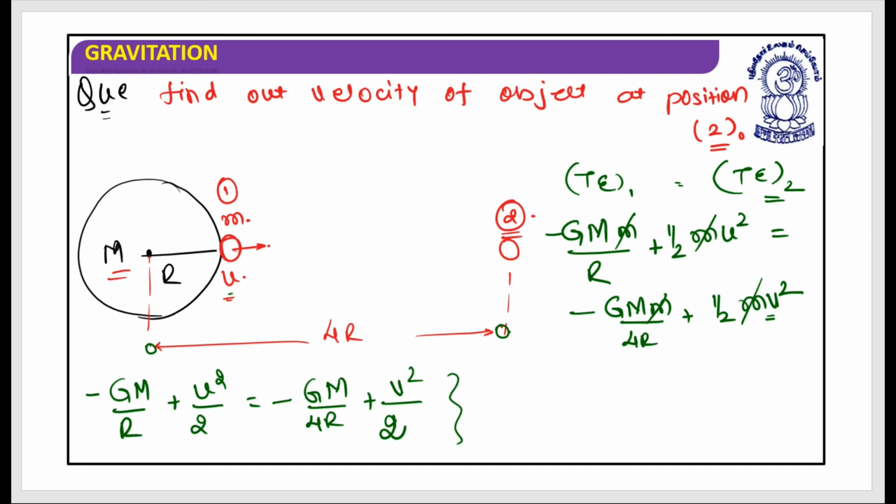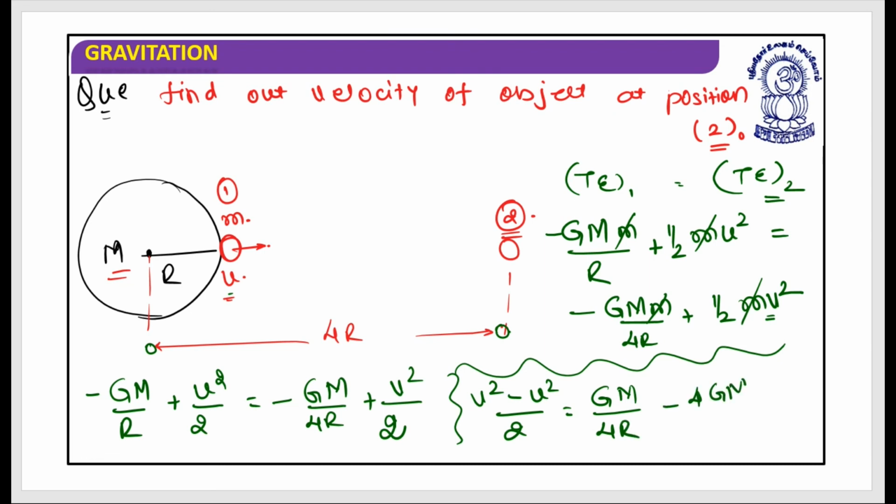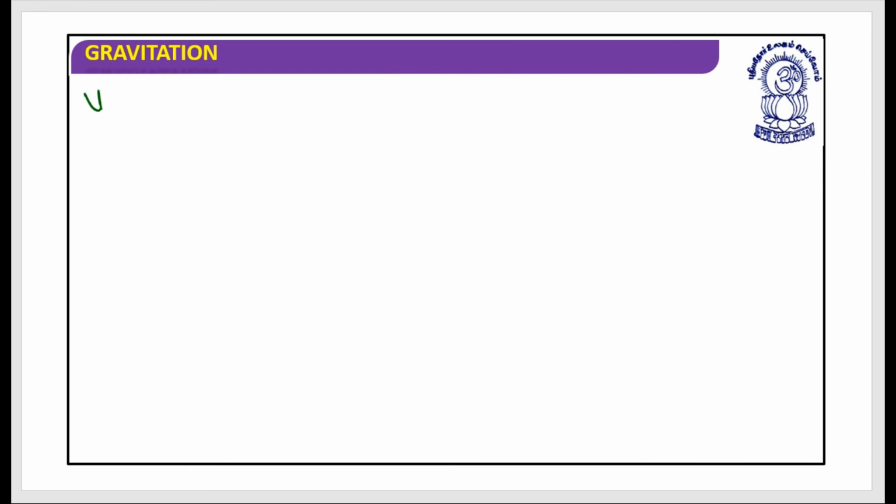So this could be written as v square by 2 minus u square by 2 equals GM by r minus GM by 4r. I hope this is clear. This term has been shifted to this side, and this has been shifted to the other. So this minus GM by 4r will become plus GM by 4r. So v square minus u square divided by 2 equals minus 3GM by 4r.